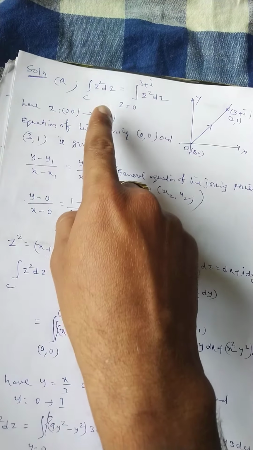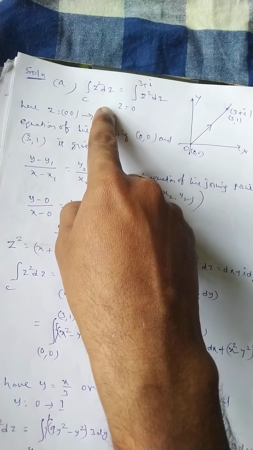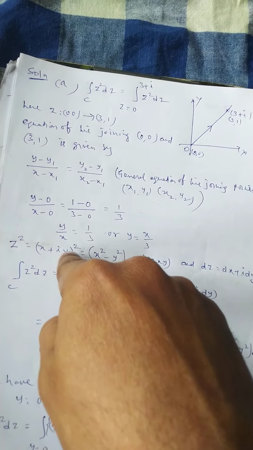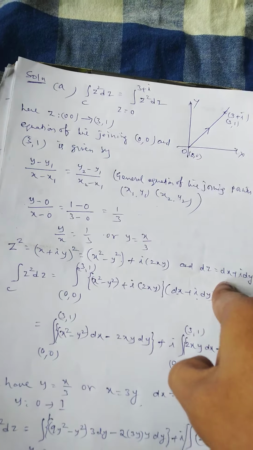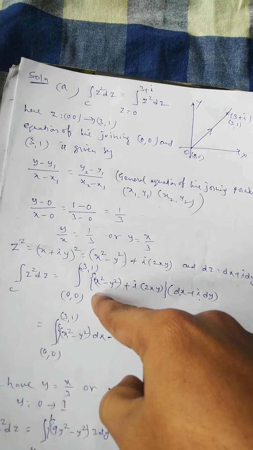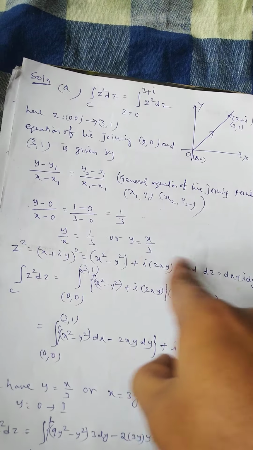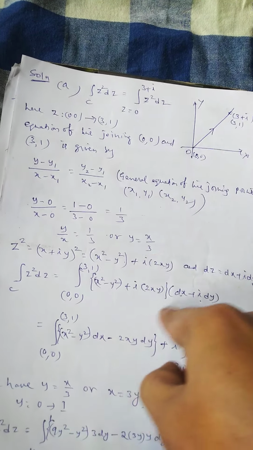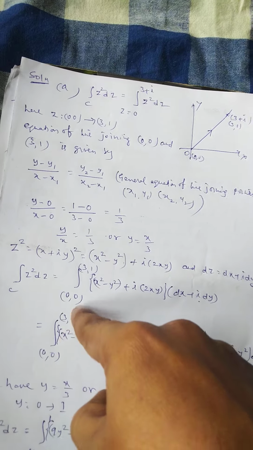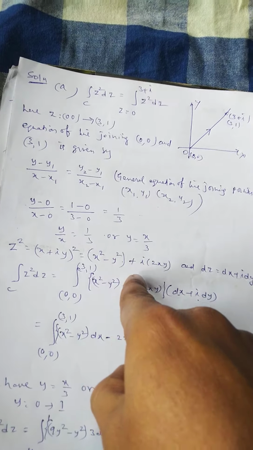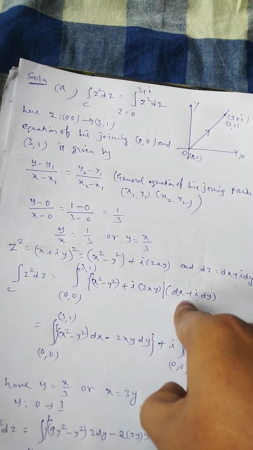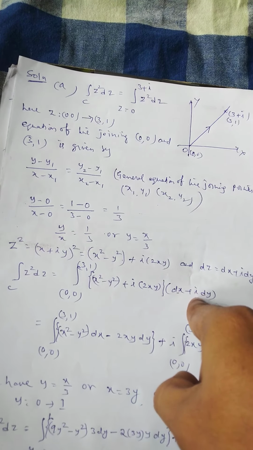So we need to evaluate the integral of z square dz. Z square means (x plus iy) whole square, and dz is dx plus i dy, from (0, 0) to (3, 1). Now (x plus iy) square is x square minus y square plus i into 2xy, multiplied by dx plus i dy.